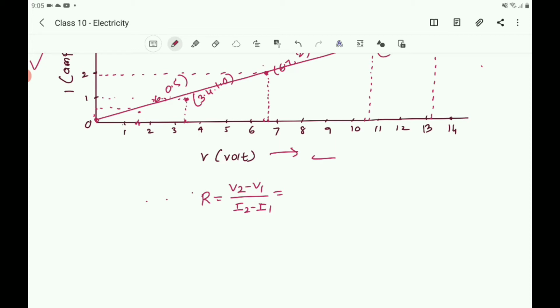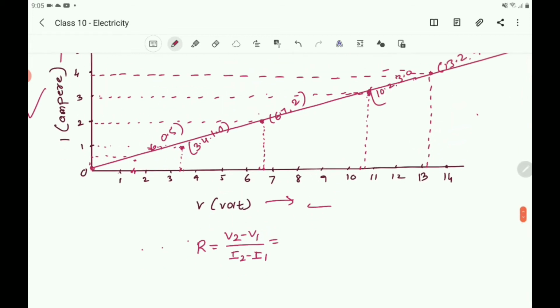So let us take 6.7, 3.4, or you can also take 3.4 and 1.6. Any two consecutive, or first and last also you can take here.